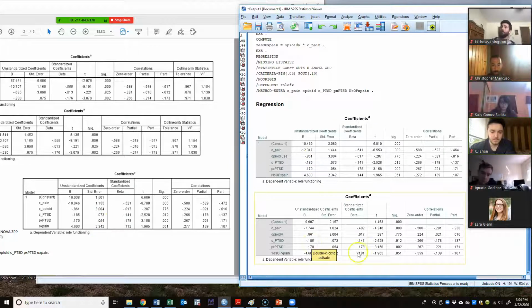CJ, what was the purpose of running these simple slopes analyses? What was I interested in? We're looking at pain for people who use opiates and people who don't. Right. And so do I see my conditional effect of pain change across these two models?